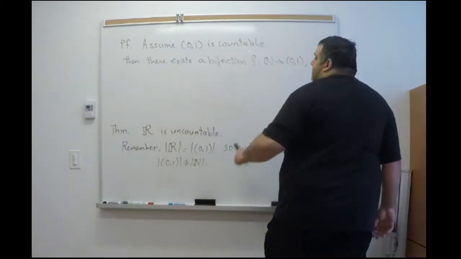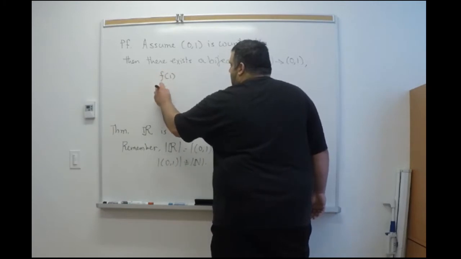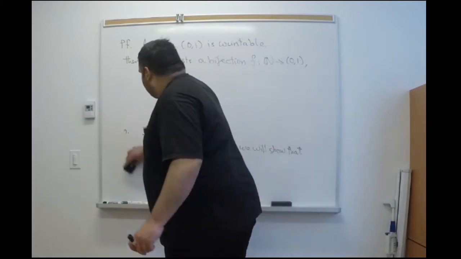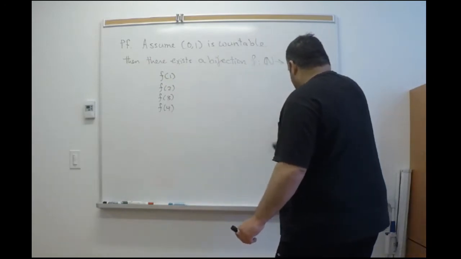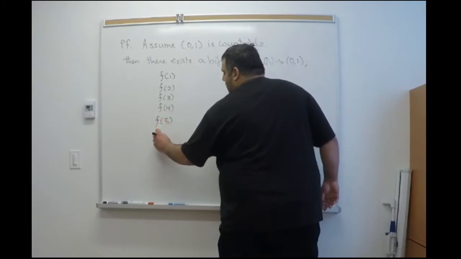Now we can list these elements. You can think of them as f of 1, f of 2, f of 3, f of 4, f of 5, and so on.